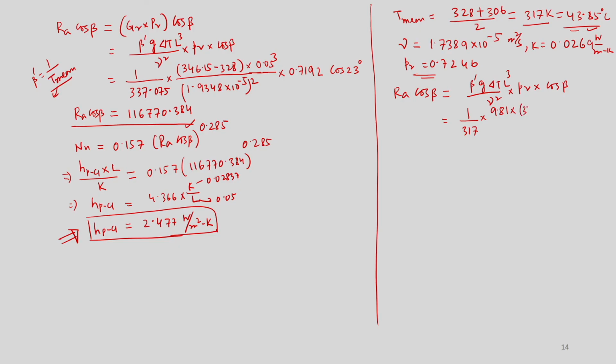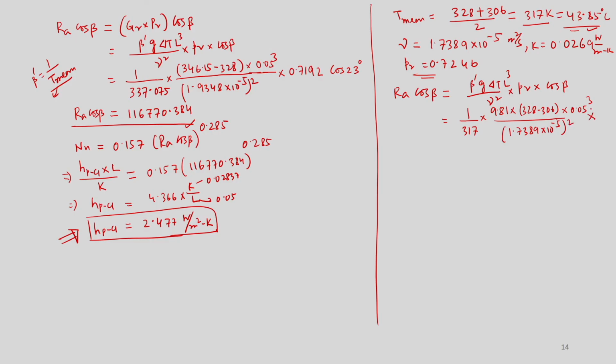We will have nu square, and L, the distance between these two plates, is 0.05 cube, and here nu square is 1.7389 into 10 to the power of minus 5, squared, multiplied by the Prandtl number.